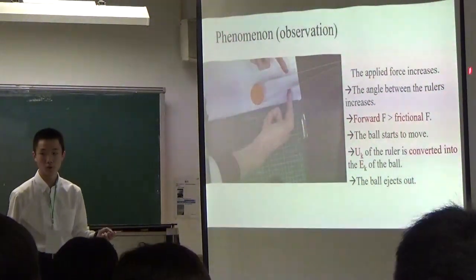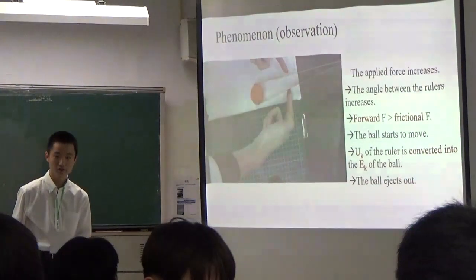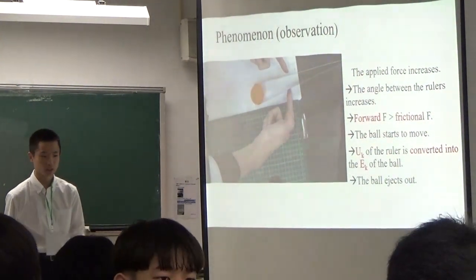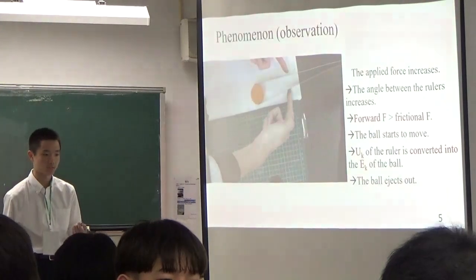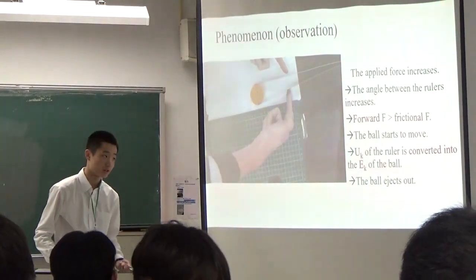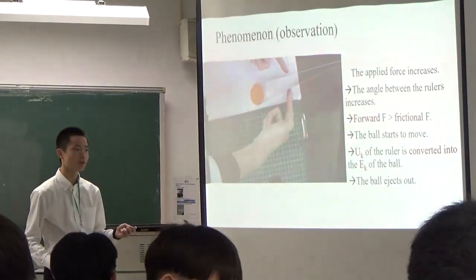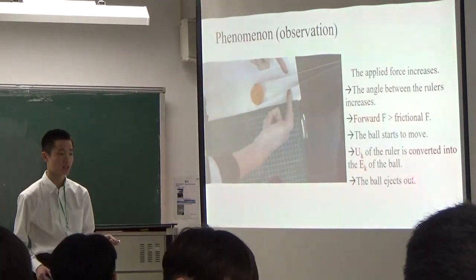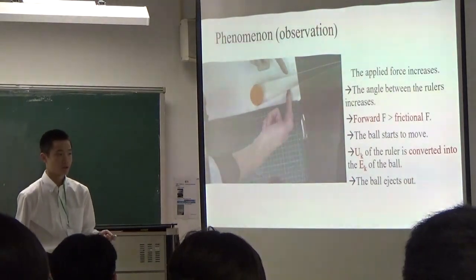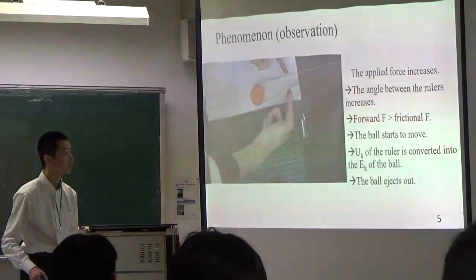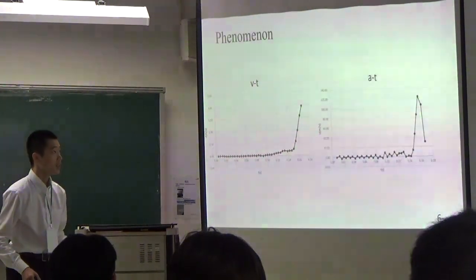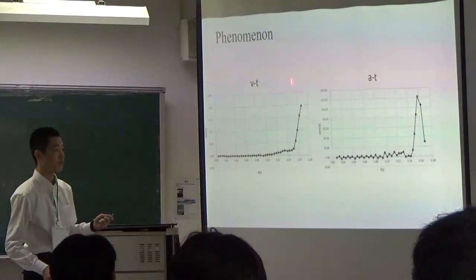Thus, the ball starts to move. Because the coefficient of kinetic friction is usually smaller than the coefficient of static friction, the ball starts to accelerate. The elastic potential energy of the ruler is converted into the kinetic energy of the ball. So the ball ejects out. This is the phenomenon that we observe.